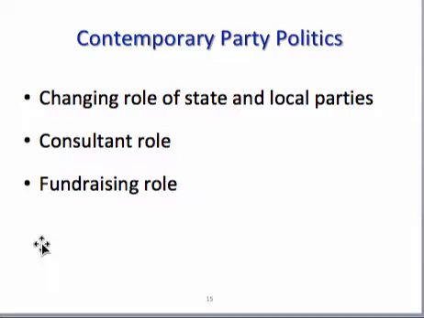The cool thing, as I think I mentioned earlier about this class, is that you have the ability to get involved and to get familiar with the operations of state and local politics in a way that you can't at the federal level, not easily. So your local party, whether Democratic or Republican or Green, there are some other political parties out there aside from the big two, have regular meetings.